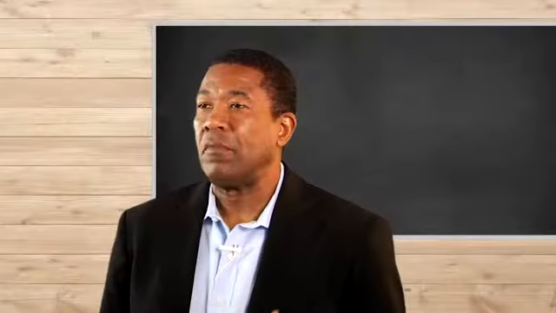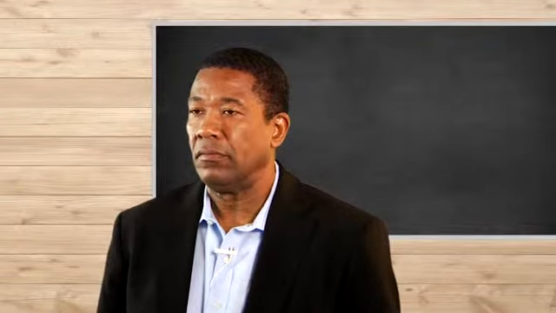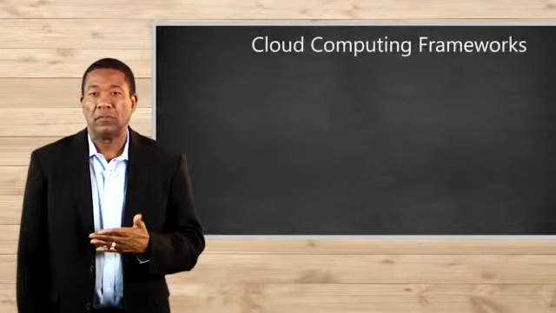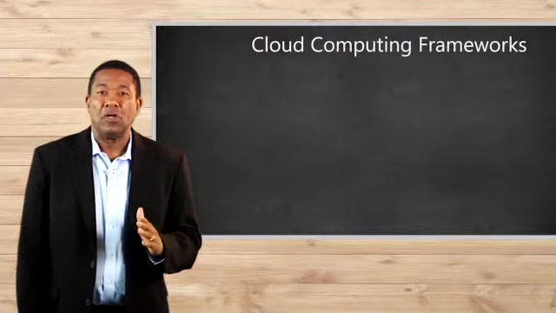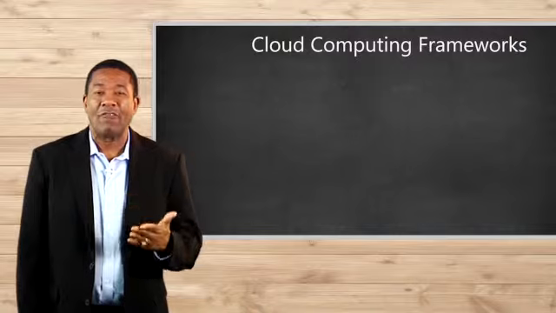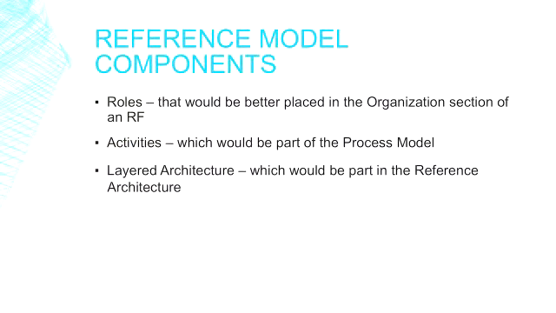All reference model components have roles, which are typically found in the organization section of a reference model; specific activities, which are part of the process model; and the layered architecture, which is shown in the reference architecture for the model.